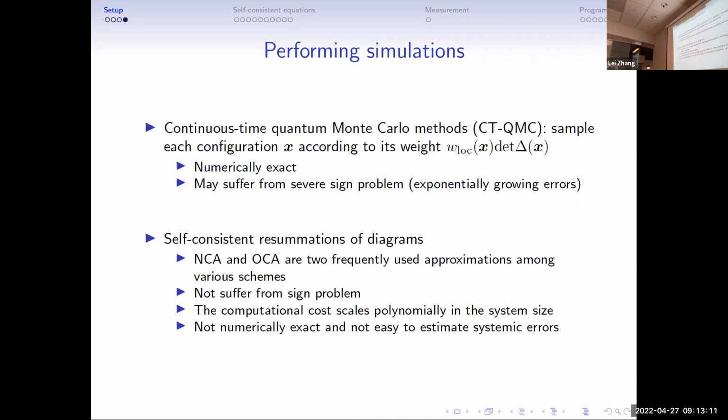Is that correct, Lei? The computational cost scales polynomially in system size? I think so. Well, the Hilbert space grows exponentially, right? Yeah, but I read this sentence from the literature, that doesn't mean it's correct. That's a bad justification.